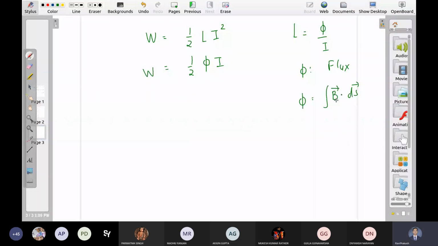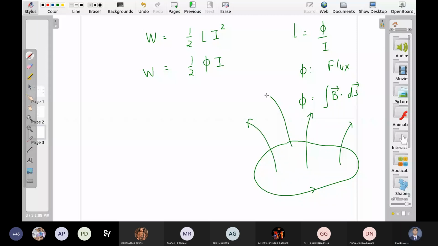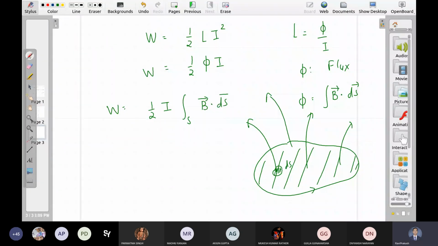So let us say this is the loop. This is some current I in the circuit. This is the magnetic flux. And this is some elementary small area here, ds. So what is W? Half I times the integral over this whole surface of this, right?